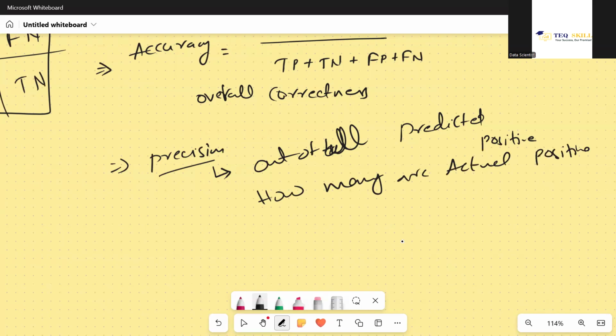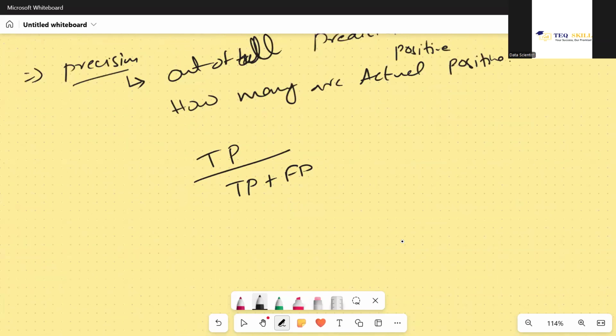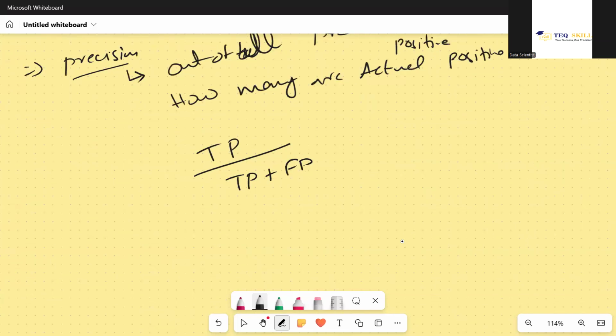The formula is true positives divided by true positives plus false positives. False positives are also predicted positives, and true positives are also predicted positives. So true positives by true positives plus false positives is the precision.